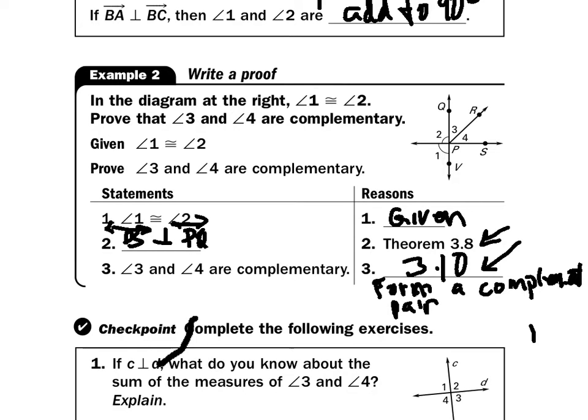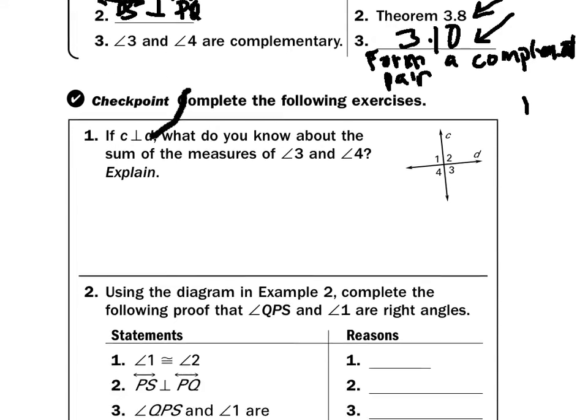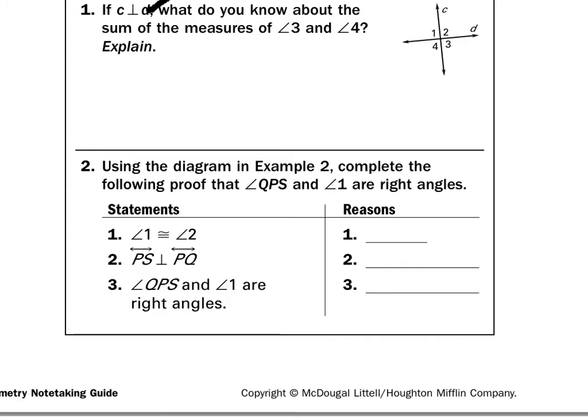Something like that. It's kind of a bad reason, but it's kind of a short proof. So try these and see what you can do with proof on number 2.